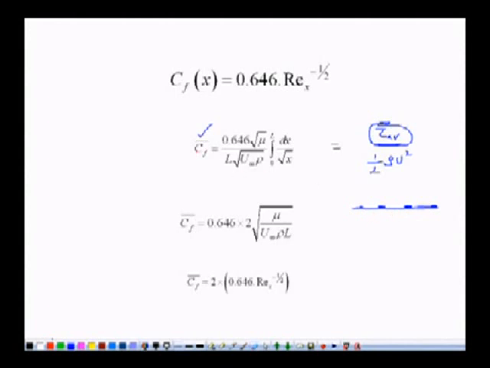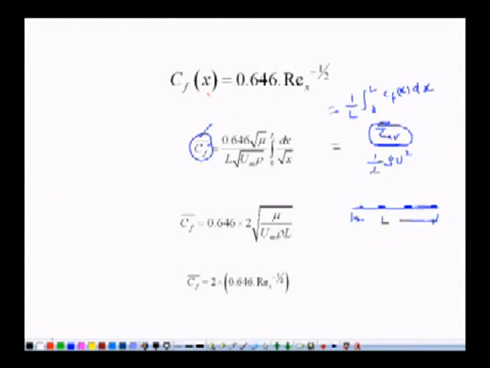So what is the average skin friction coefficient? Cf bar is defined as 1 over L, where L is the length of the flat plate in the direction of the flow, 1 over L integral 0 to L Cfx dx. In integration we have studied how to get the value of the average with the help of the local value.